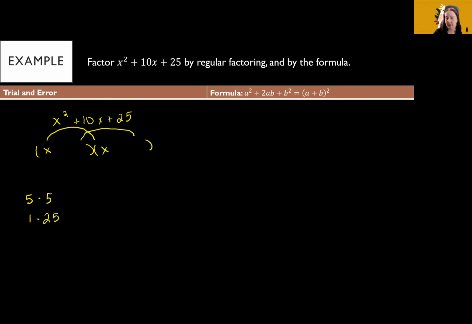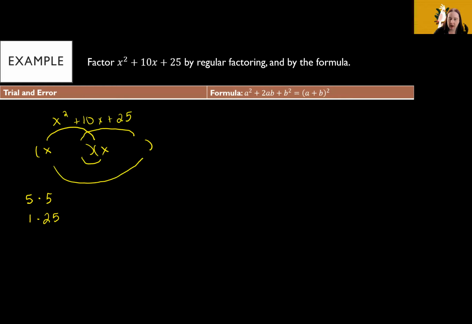And so you're going to have to pick one of those, where those are the ones forming your last term. And then when you're doing FOIL, the inside and the outside add together to get you the middle term, the 10. So you're looking for two numbers that will multiply to 25, and then add together to get you 10.